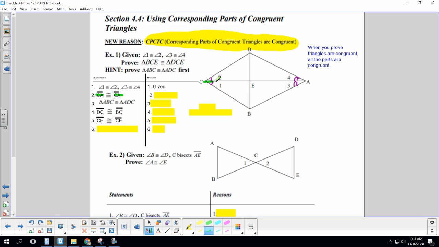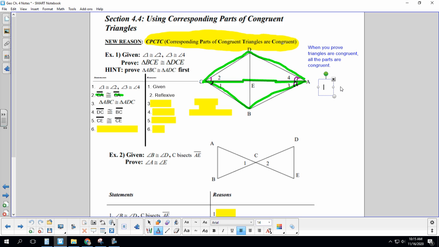Boom, here. All right, so now CA congruent to CA, reflexive all day. When one item is congruent to itself, that's going to be reflexive. So now we have triangle ABC congruent to triangle ABC.